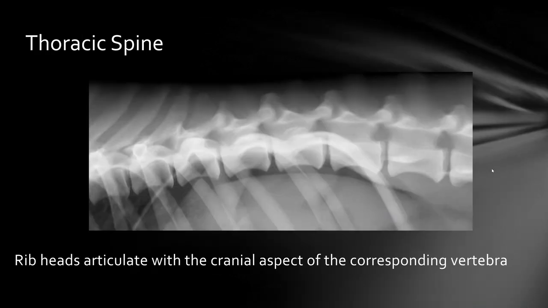Moving down to the thoracic spine, the thoracic vertebrae have much larger spinous processes than the cervical spine. We do have our ribs, of course, and it's important to note that the rib heads articulate with the cranial aspect of the corresponding vertebra. So if we're looking at this T13 here, at the cranial aspect is where the 13th ribs come out.